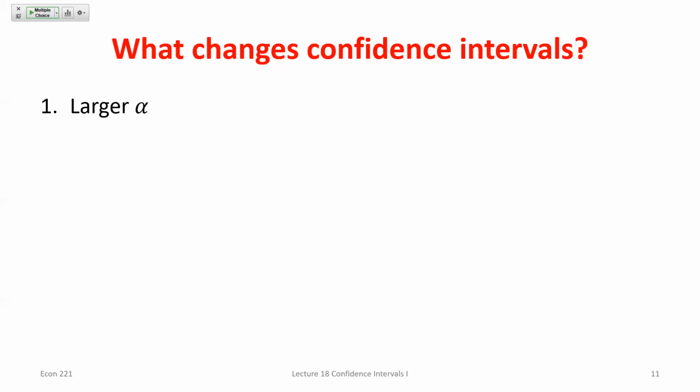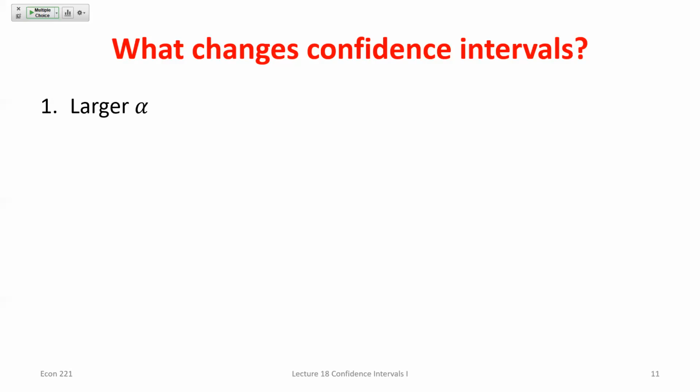Right? So when I'm thinking about a larger alpha, what I'm really saying is, if I was to go from a 95 to a 90% confidence interval, my alpha would be going from 0.05 to 0.10. Right? So a larger alpha, saying things with a lower level of confidence, means that we're going to have a greater area in that tail.